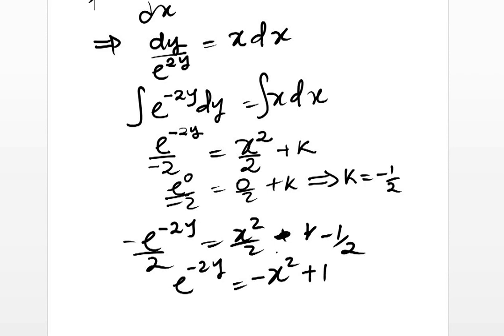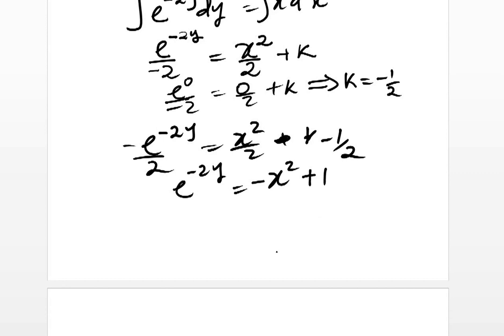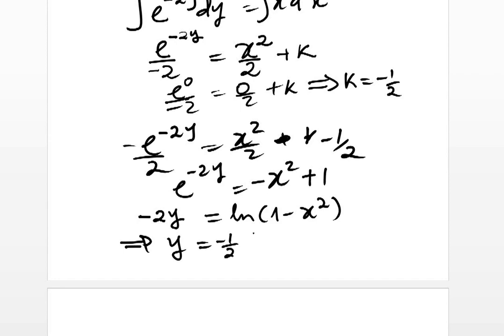Now to write it in the form y equals f of x, we take ln of both sides. We are going to have negative 2y, because ln e is 1, equals ln of 1 minus x squared, which gives us y equals negative half ln of 1 minus x squared. Once that is done, you have written it in the form y equals f of x, because this is our function y, which is a function of x.